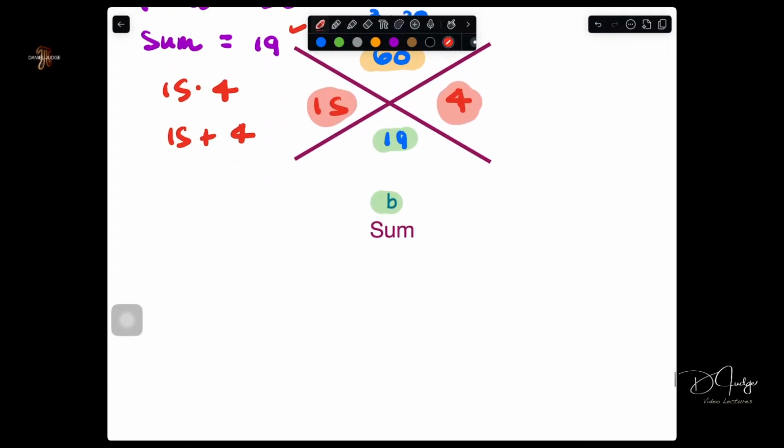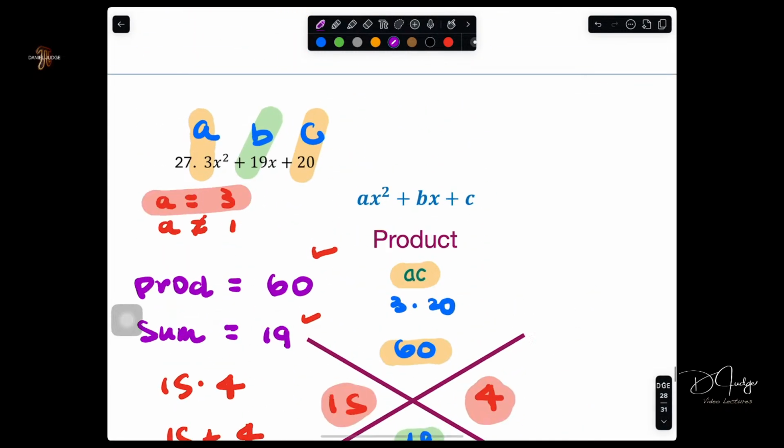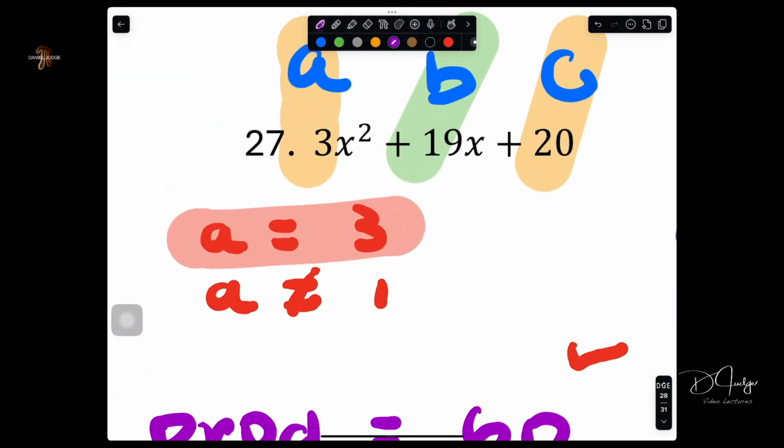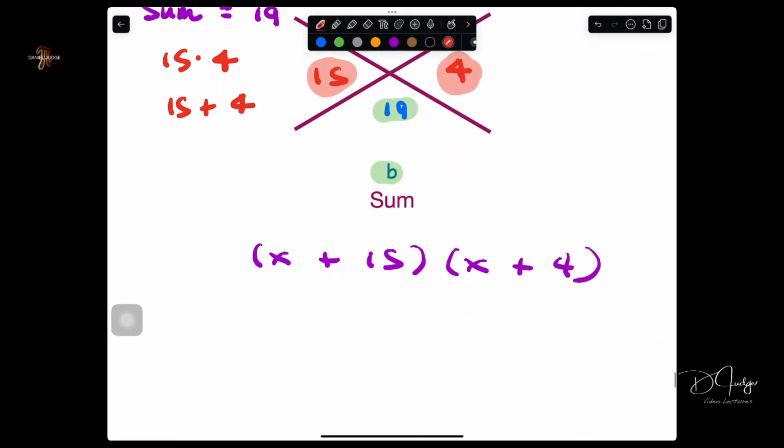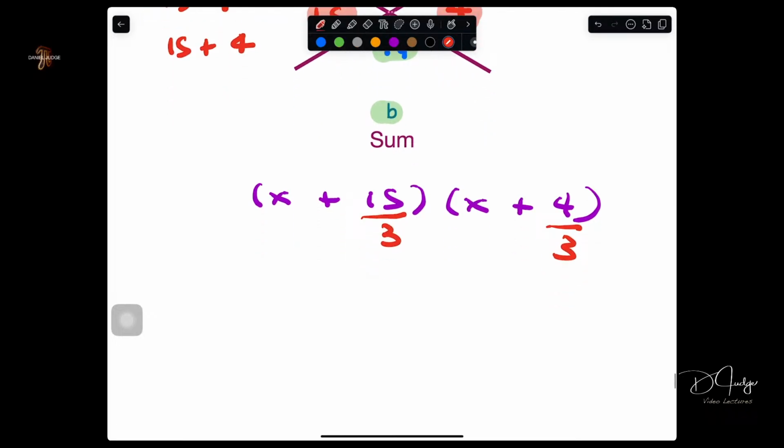Now again, we think we're done, but we're not. X plus 15, X plus 4. So A is the value 3. It is not 1. We got to divide those numbers by the A value. In this case, it's 3. So 15 divided by 3 and then 4 divided by 3 here. 15 divided by 3 is 5.